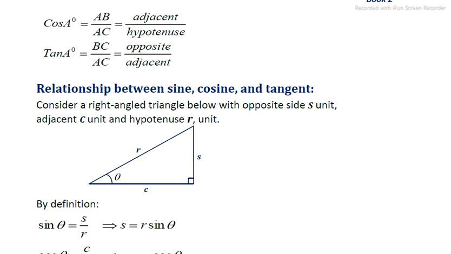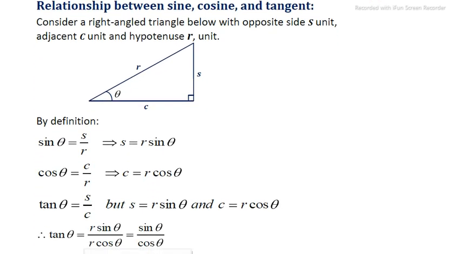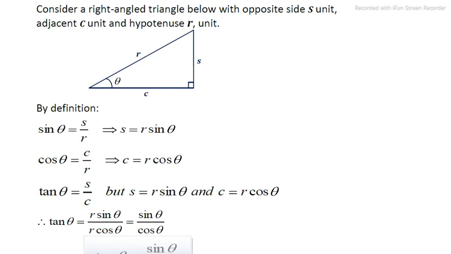If we consider a right-angled triangle with our acute angle theta, hypotenuse R, opposite S, and the adjacent C. From the definitions of sine, cos, and tangent, we saw that sine equals opposite over hypotenuse, meaning sin theta equals S over R. And therefore, when we make S the subject, we shall have S equals R sin theta.